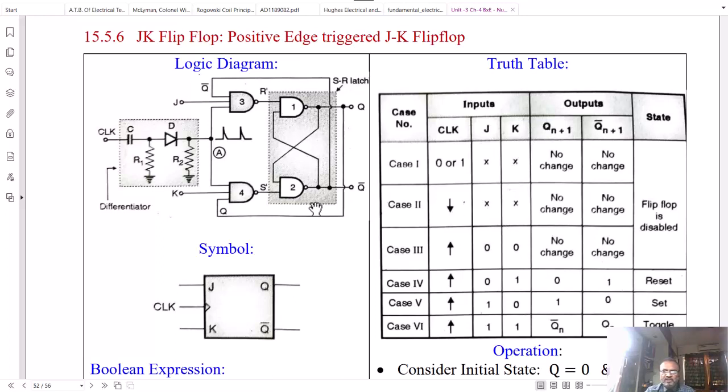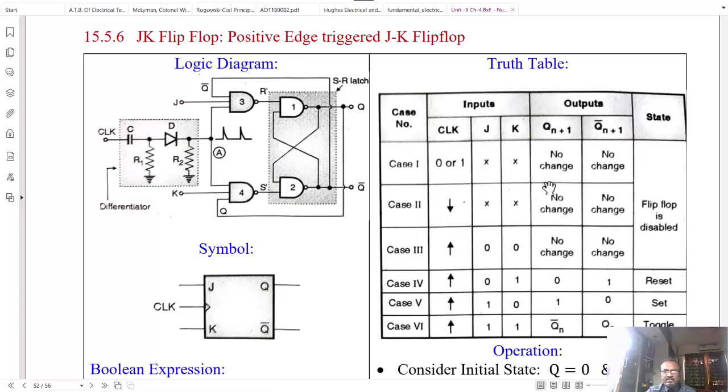Now we have clock input, J input and K input. Also, we have cross coupling of Q output and Q bar output, and therefore Qn plus 1 and Qn plus 1 complement, these two outputs are also taken into consideration. Qn plus 1 is the next state of the flip-flop outputs when the input conditions are changed. Now let us see case 1.